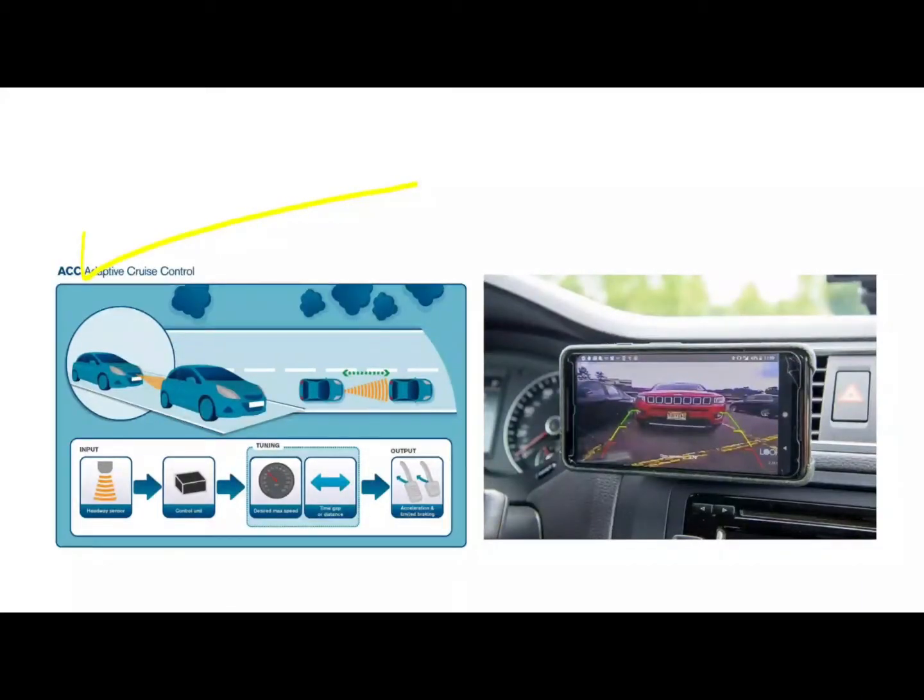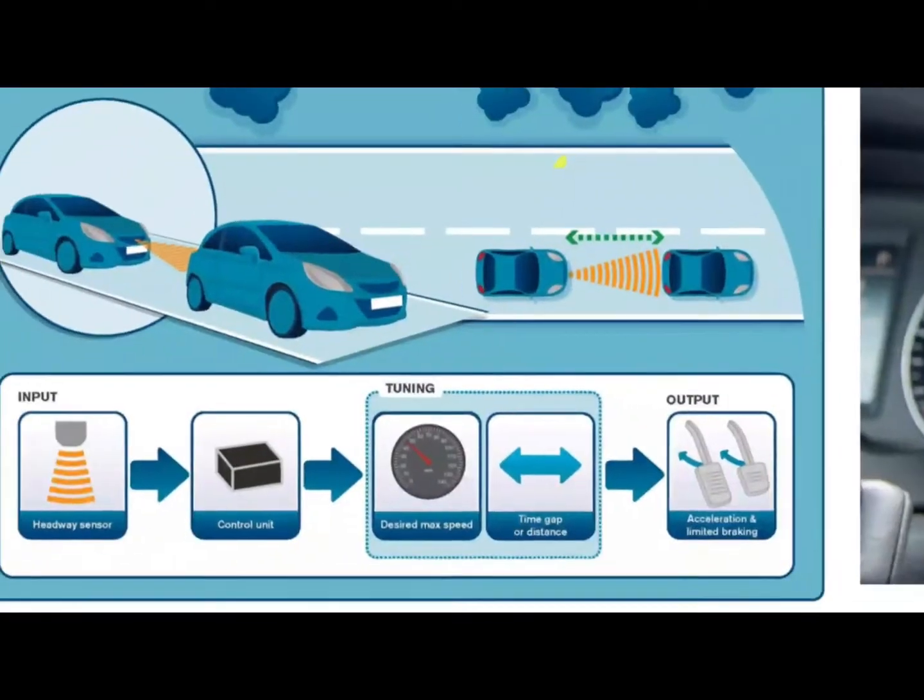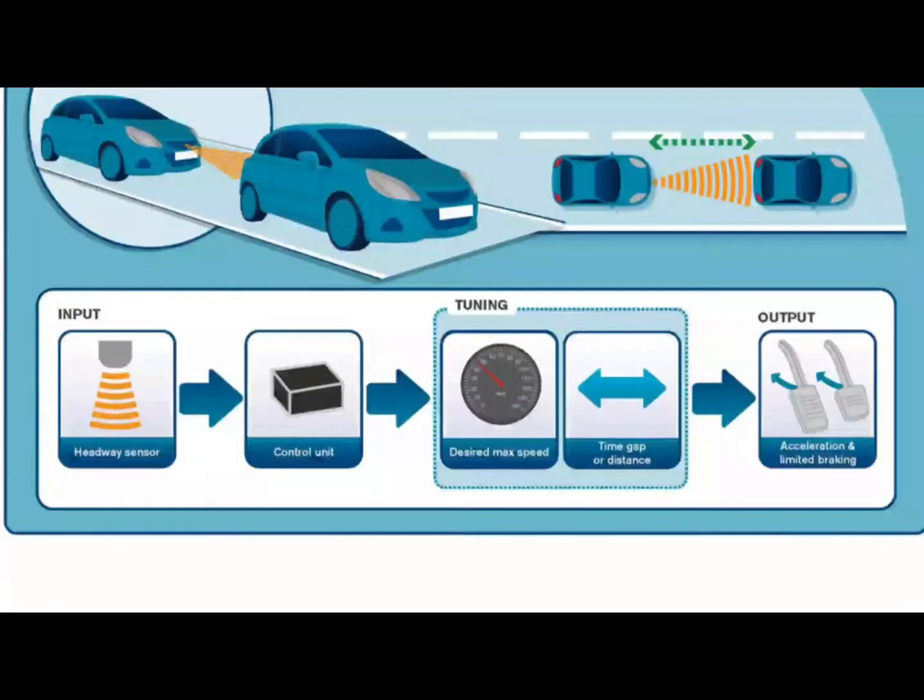Now in the front panel there is a camera and radar system which is attached to the front panel of the car. What it does is it sees how much is the distance between the leading vehicle and this vehicle. Now you can see the headway sensor.